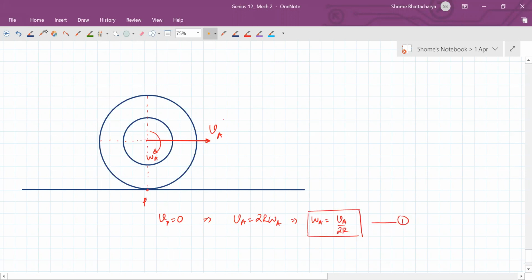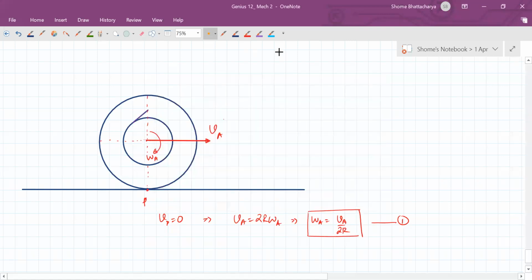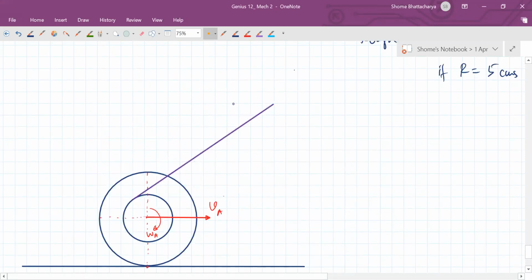Now let's talk about the thread which is coming out from somewhere here, let's say. So this angle is theta.